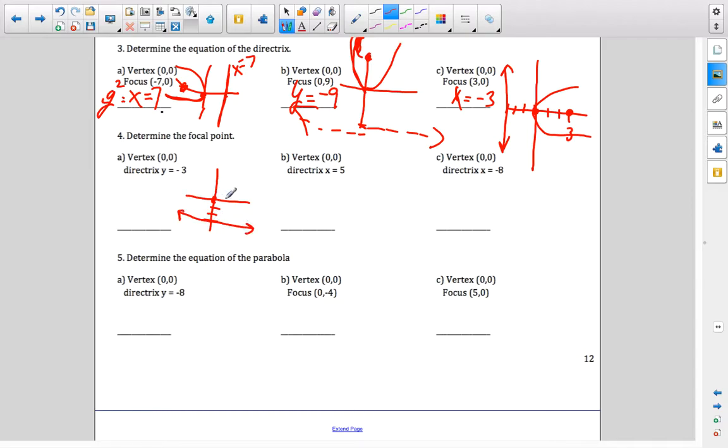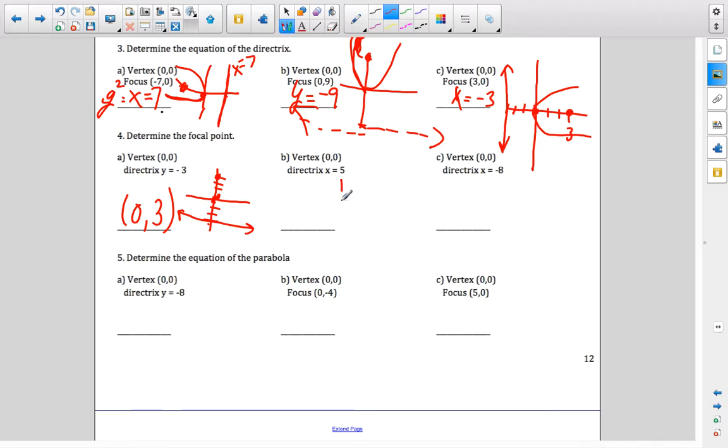Okay, remember they said the vertex is right here at 0, 0, and we are 3 units below it, so the focus point would be 3 units above it. So the focus point, instead of being down here, is up here, 3 units up, and we could say that the focus point is at 0, didn't go right or left, and up 3.